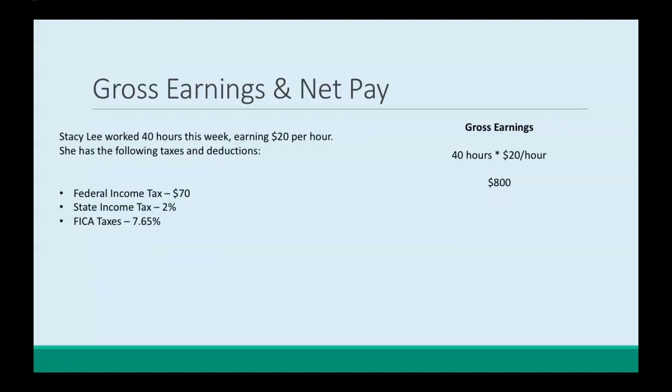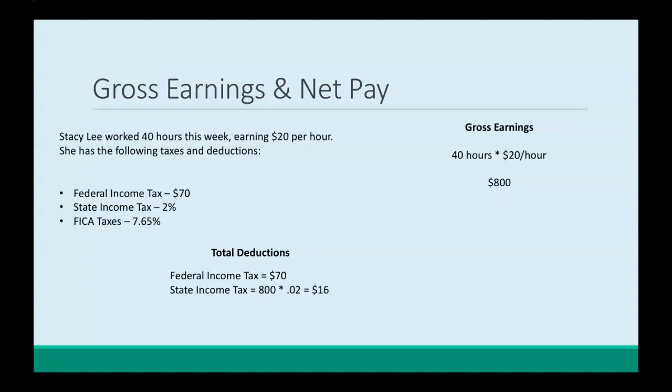Then, to find our net pay, we take gross earnings minus total deductions. So we need to figure out these total deductions. Our federal income tax, that's $70. That was given to us. Our state income tax, we need to find that. We're told it's just 2%. So we take 2% of our gross earnings.